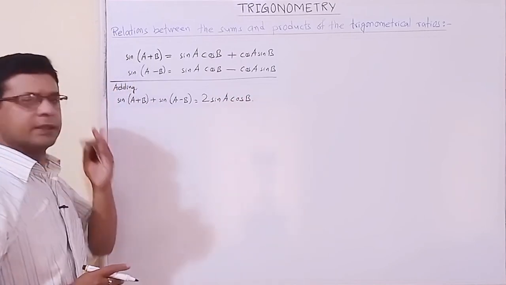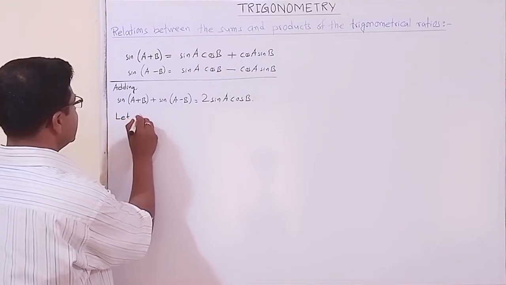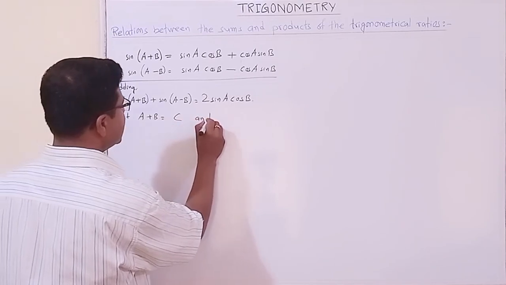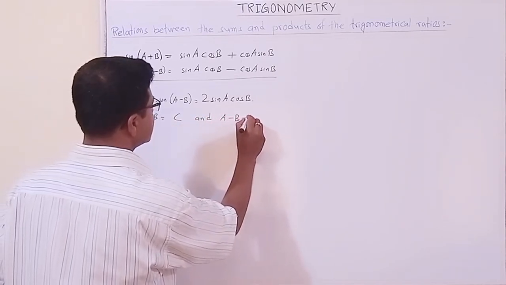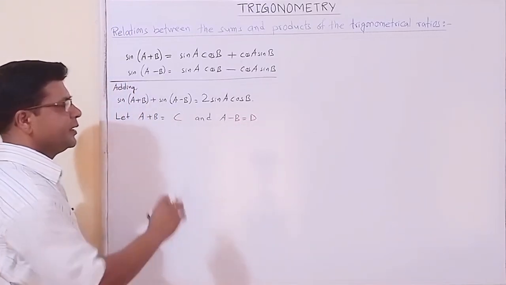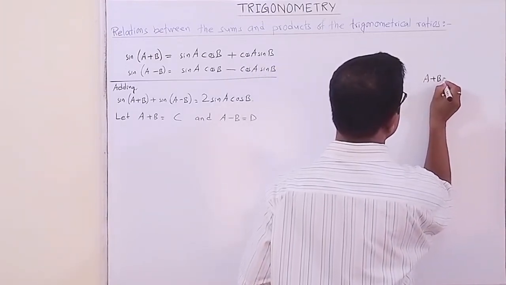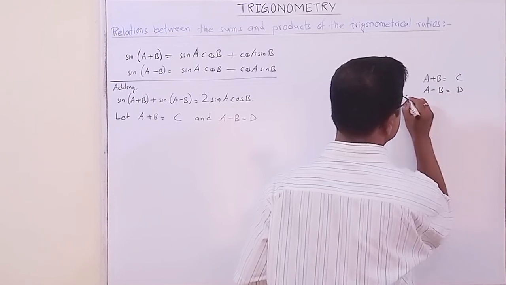Got it? Okay, have you understood? Now let us consider, let a plus b be C and a minus b be equal to D. We consider it in this way. Now let us solve for a and b. Let us do it in the rough. Here a plus b equal to C and a minus b equal to D we have considered. What do we do?